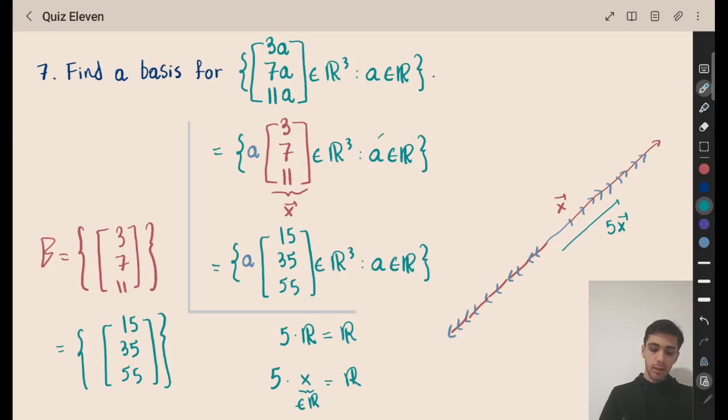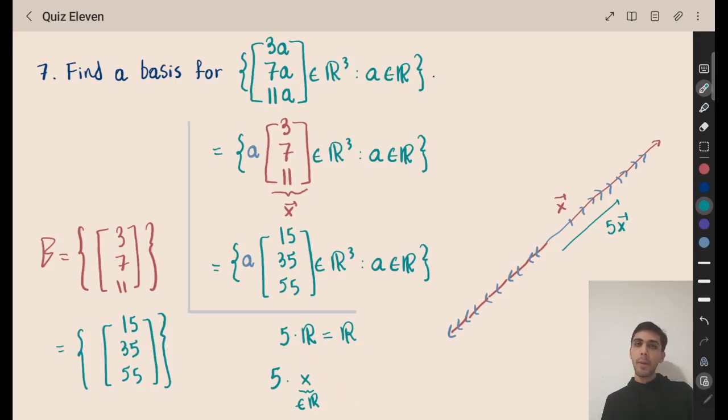As long as my field is here, I can scale it up, I can scale it down. I have all the numbers in the world. And it doesn't matter if I choose a bigger vector, because I can always bring it down as small as I can, and I can always bring it up as big as I can. And effectively, what I'm saying here is that if you take all the numbers in R, and you multiply them by 5, you'll get all the numbers in R back, and you won't be missing a single number. Yes, it's weird because R is an infinite set, but think about this for a moment.